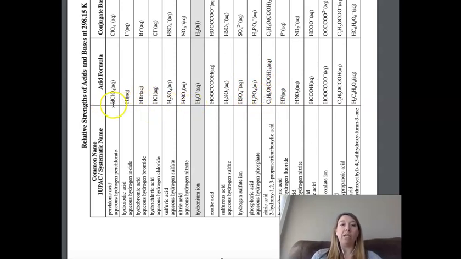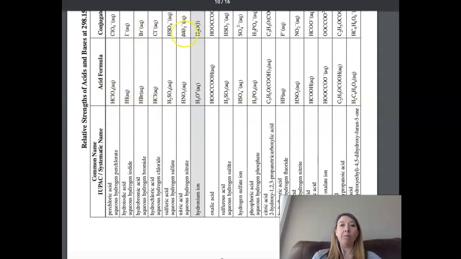Whereas with any of these ones, I put them into water, I don't have any of those molecules left because they're all going to get converted into hydronium and whatever the negative ion is over in this column. Whereas for something that's down here below it, I'm going to convert into this negative ion and hydronium, but I'm also going to have some of this left because that reaction doesn't go to completion.